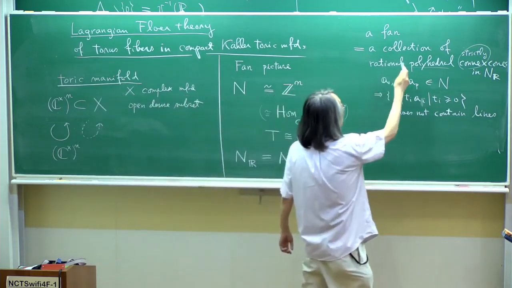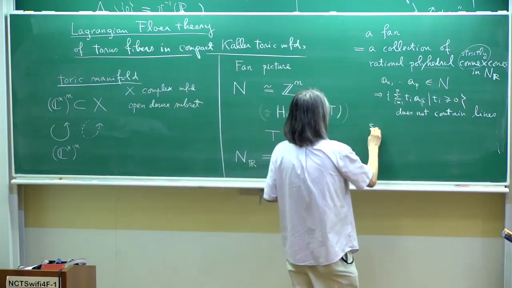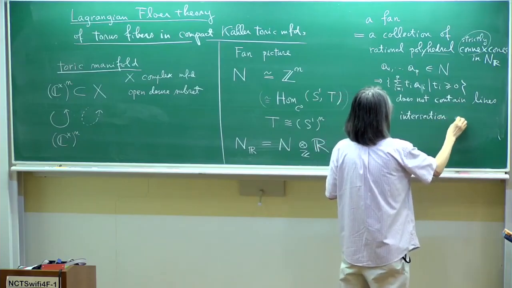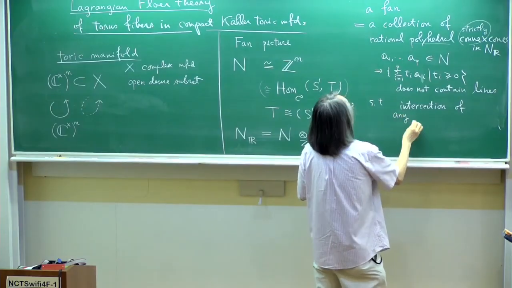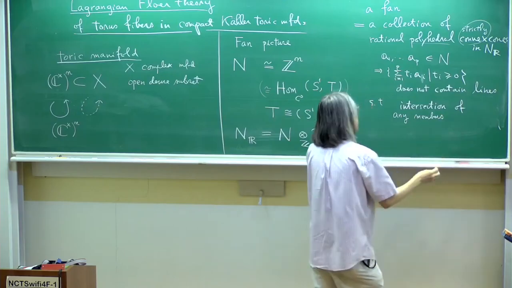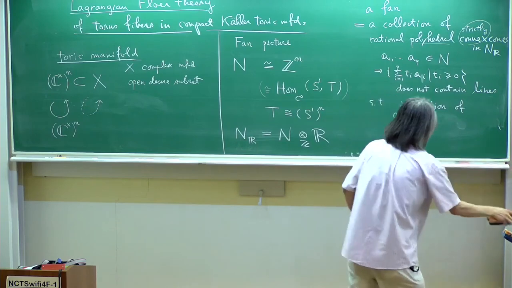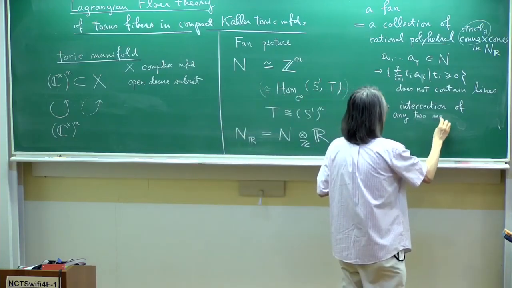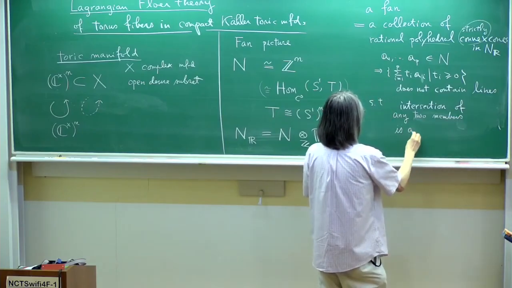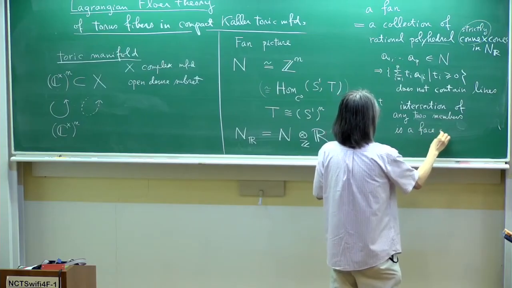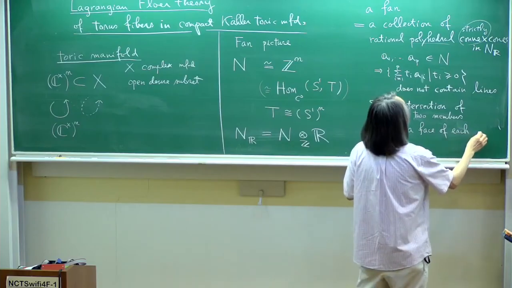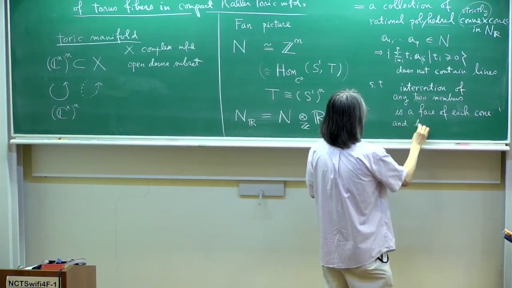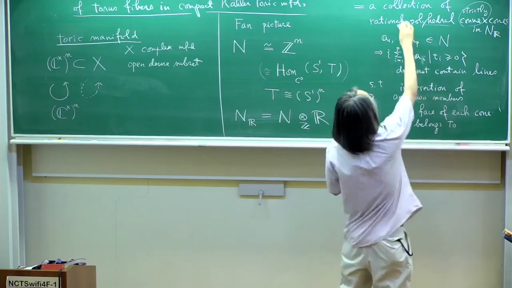Such a thing is a rational polyhedral convex cone, and such that the intersection of any two members is a face of each cone, and belongs to the collection.